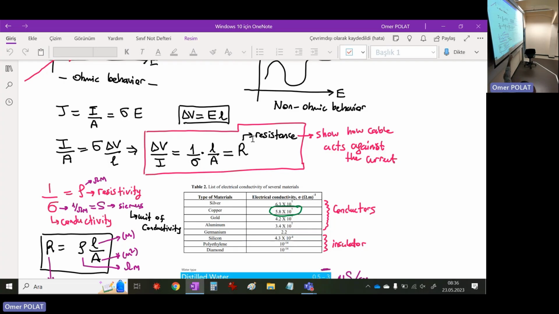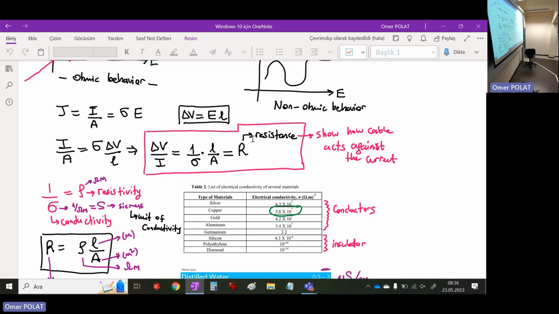Why? Resistance is inversely proportional to the thickness, because in a thick cable there is more free space. So an electron can easily move in a thick cable, but cannot easily move in a thin cable. A thin cable has a small volume, which means no free space for the electron to move.